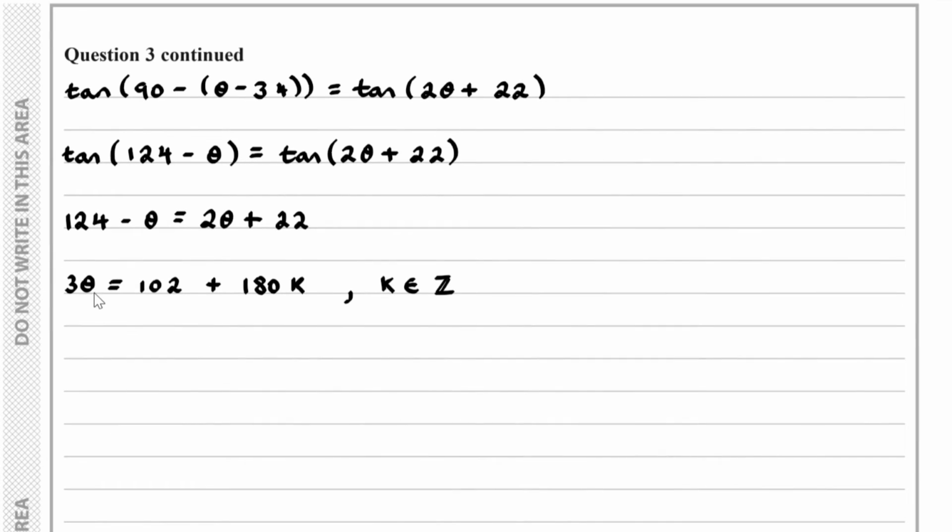This time we've got a 3 theta, so if we write down our new domain, it will be from 0 to 3 theta to 1080.